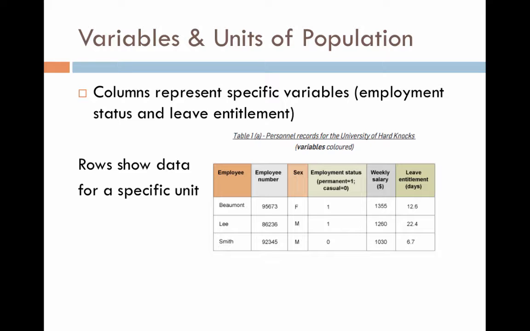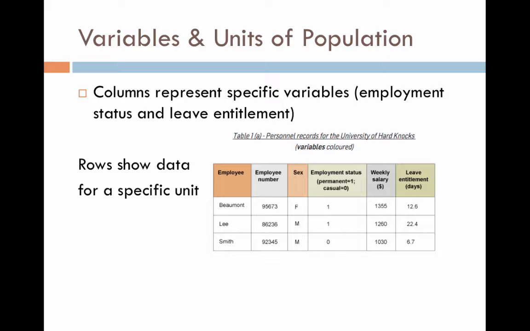The rows show the data for a specific unit. So Beaumont is the unit, and then the variables are all the information associated with her: 95673, female, 1355, 12.6. That's the data.